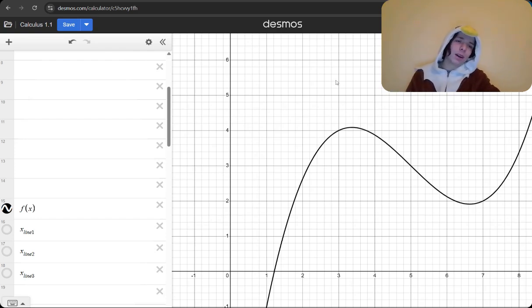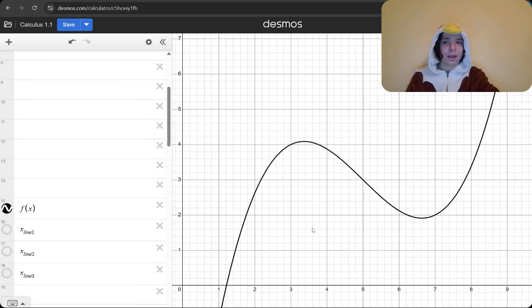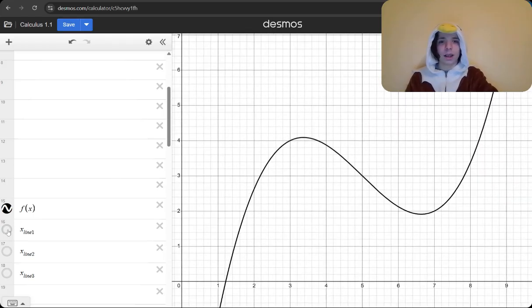But what if we wanted to find the instantaneous rate of change? Now that's where limits can be useful, because with a limit, you want to get as close as you can to something. You want to get infinitely close. And as you can see, we got this line right here.